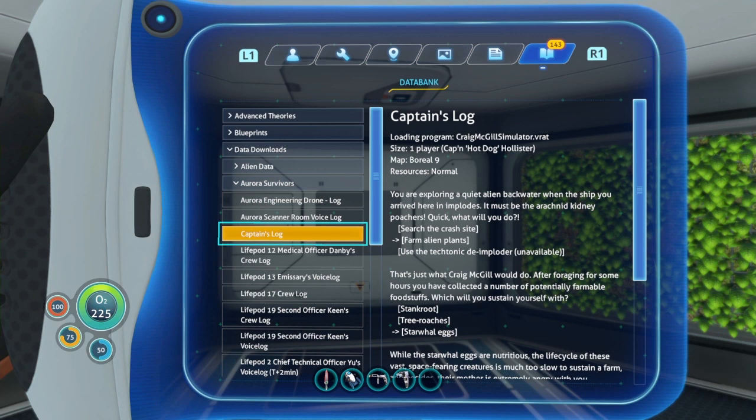Craig McGill Simulator .vrat, I guess. Size. Player, 1 player. Captain Hot Dog Holster. Map. Boreal 9. Resources, normal. Wait, is this a game? It sounds like a game. You are exploring a quiet alien backwater when the ship you arrive here in implodes.